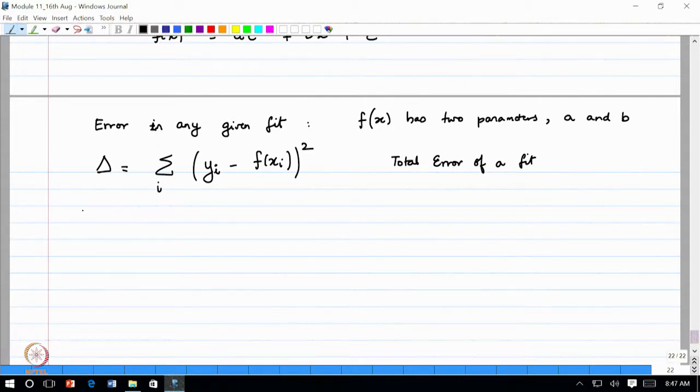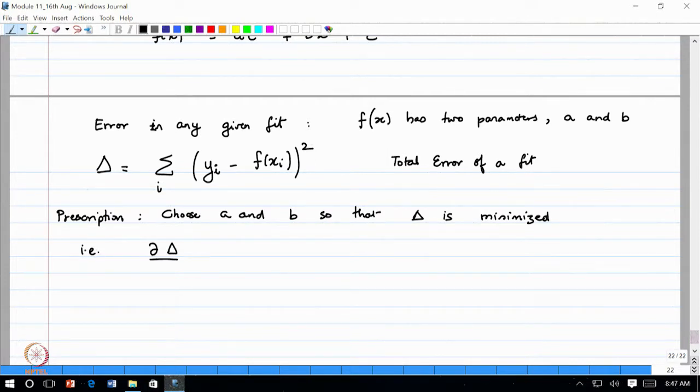Now, the prescription: choose a and b so that delta is minimized. That is, dou delta by dou a at fixed b equals dou delta by dou b at fixed a equals 0.